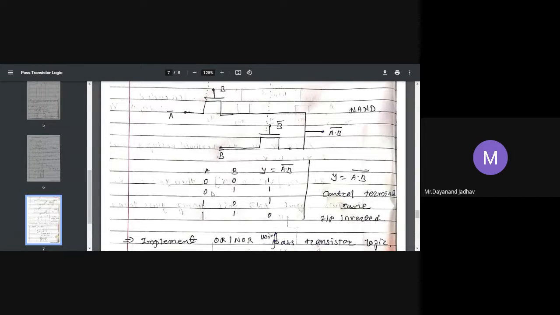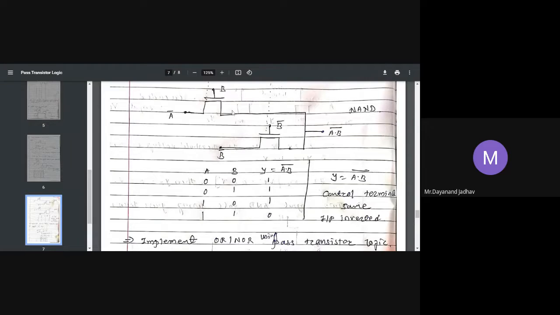Then how it is, see here, A which is equal to 0 means A bar is 1, B which is equal to 1 means B bar is 0. B is 1, so the first transistor is in an on condition, therefore whatever A bar is passes to the output.